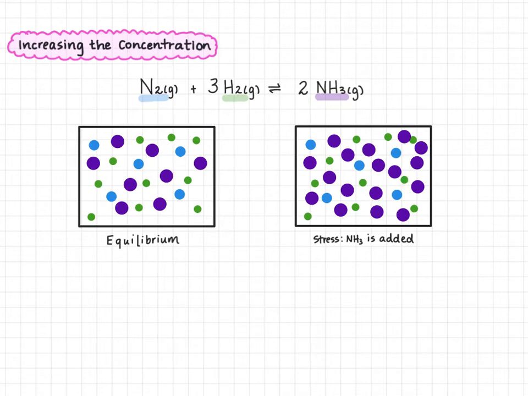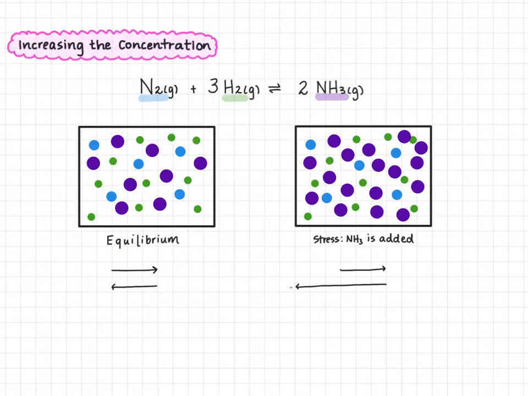So before our stress, our equilibrium had equal rates of the forward and reverse reaction. After our stress, we had the same rate as before of our forward reaction, but now a significantly higher rate of the reverse reaction. And that's going to cause two things to happen.